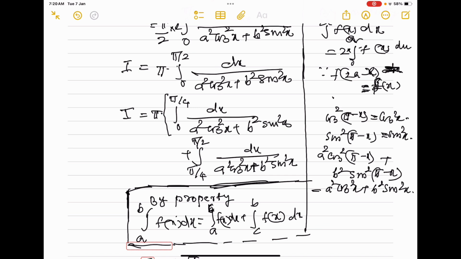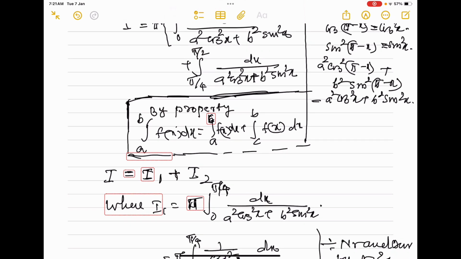So I equal to pi into integral 0 to pi by 4, that value is pi by 4, dx by a square cos square x plus b square sin square x, plus integral, instead of c we put pi by 4, from pi by 4 to pi by 2 dx by a square cos square x plus b square sin square x.